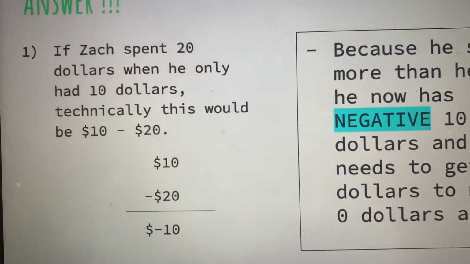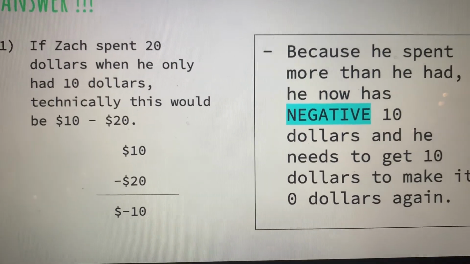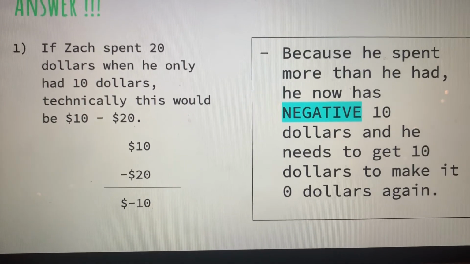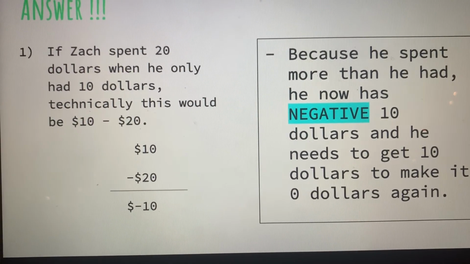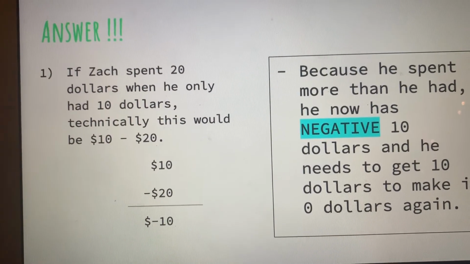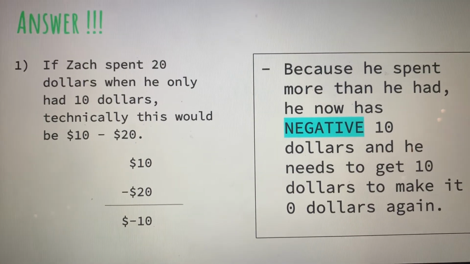So if you have $10 and you spend $10, you then have $0. But if you have $10 and you spend $20, now not only do you have $0, but then you take away another 10. So that's why we have negative $10.